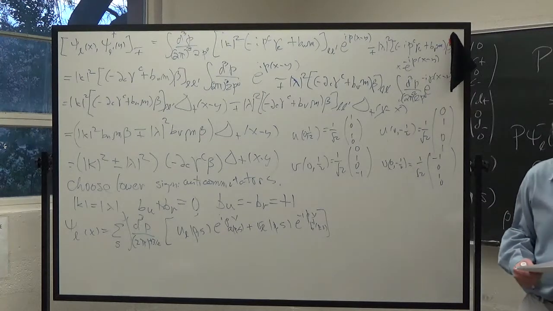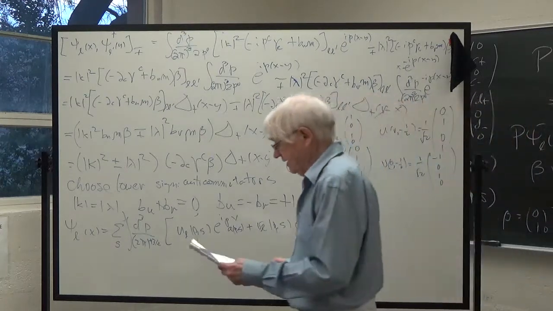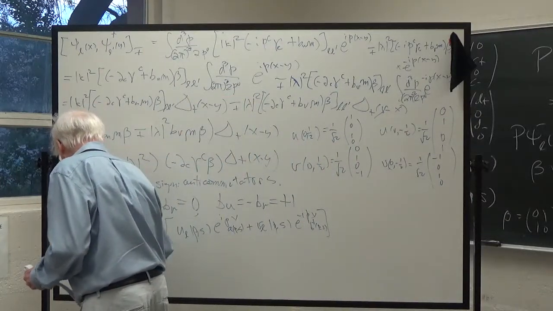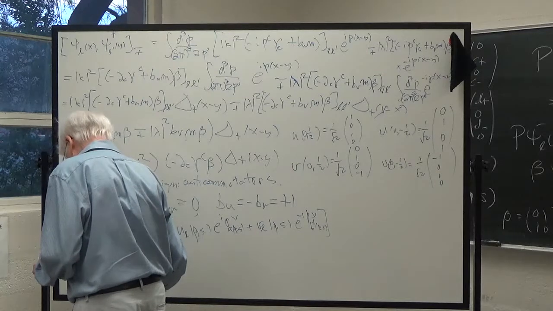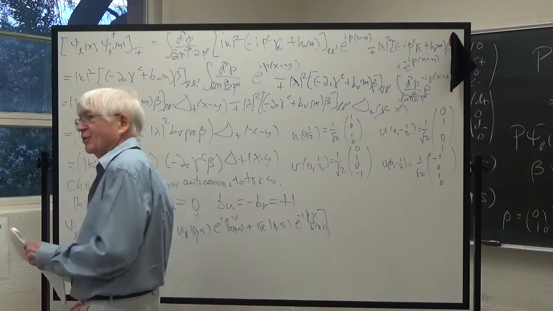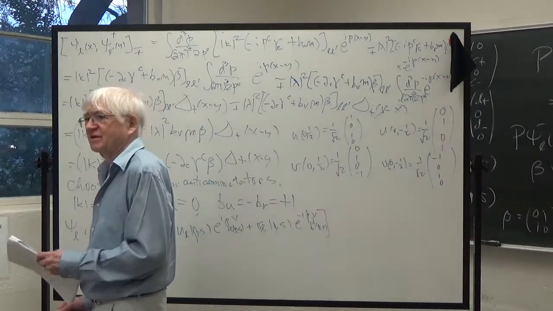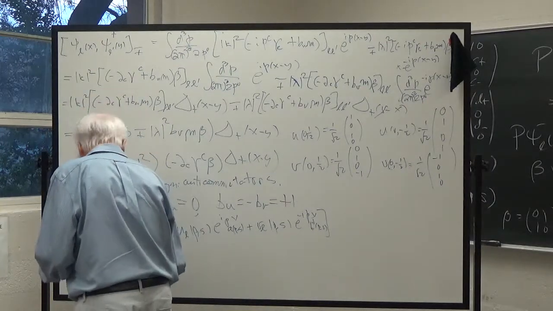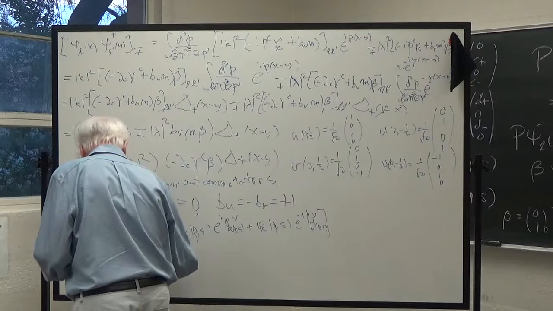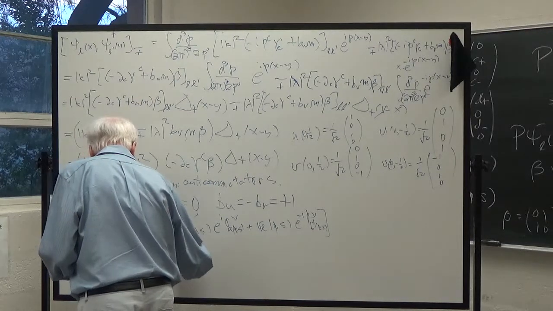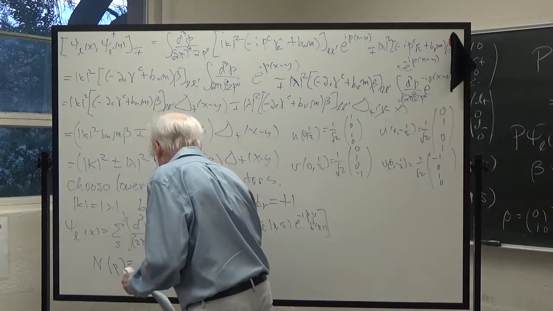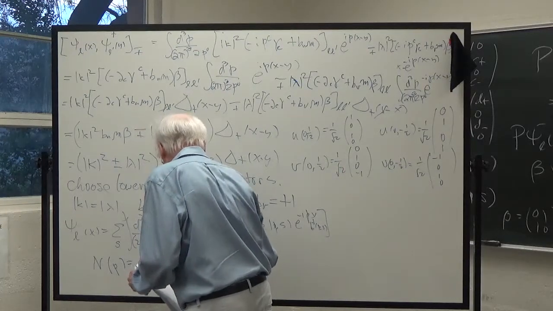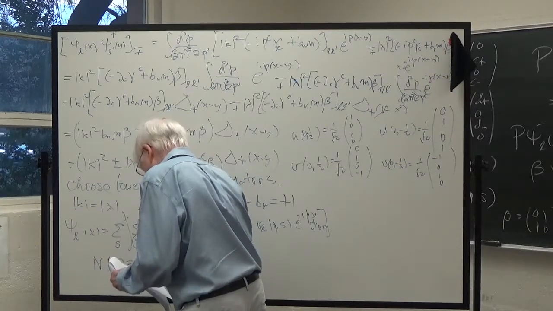Okay, so these are the spinors, and then the spin sums. Our N of p is, we already have the spin sums written down, don't we? Well, maybe not. All right. It's minus i p c gamma c plus m over 2p0. Of course, we couldn't have them yet because we didn't know what bu and bv were.